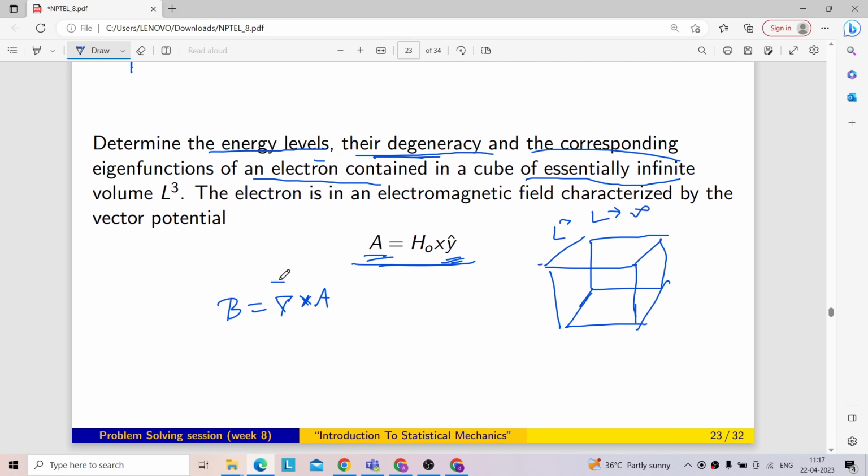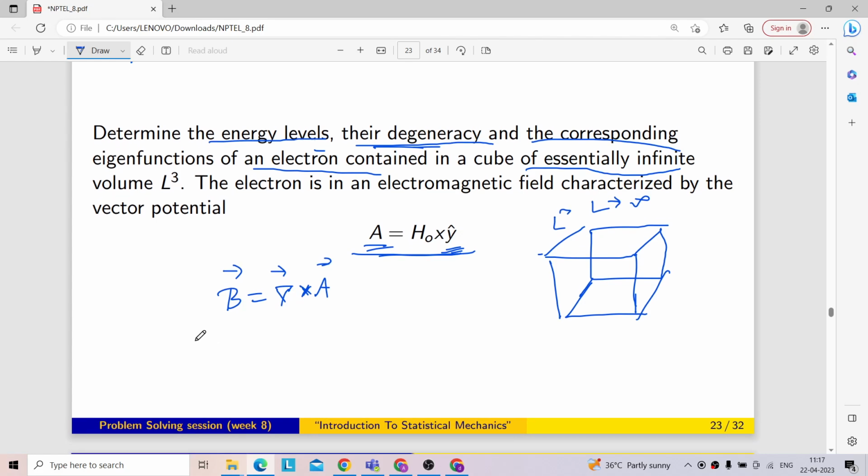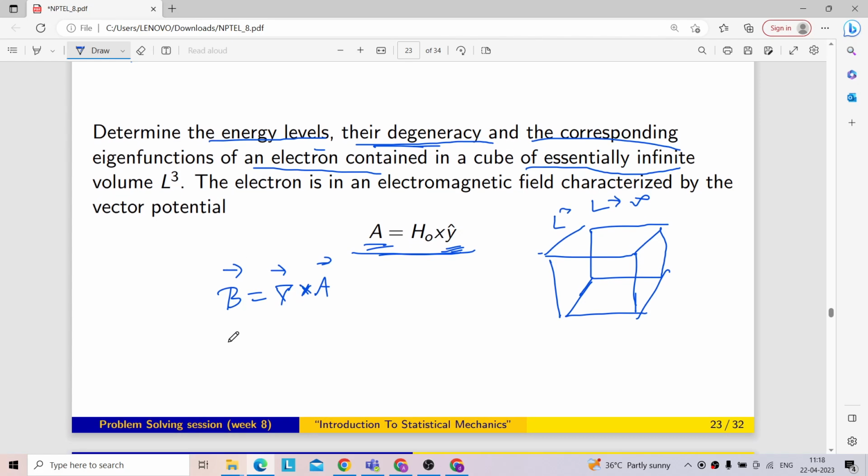So I have an applied magnetic field. Now I need to find the wave equation for this. So I know the wave equation as H psi equal to E psi, where this H I can write as 1/2m, px square plus, you see, this vector potential is applied in the y direction.